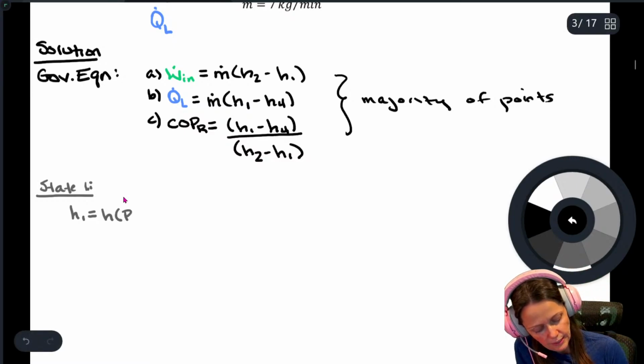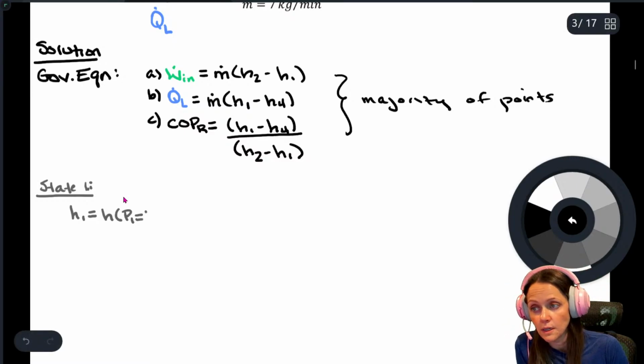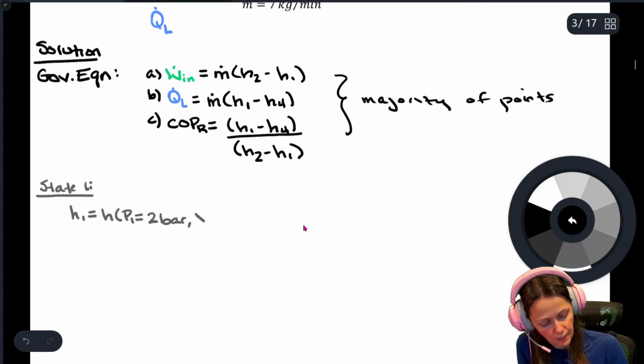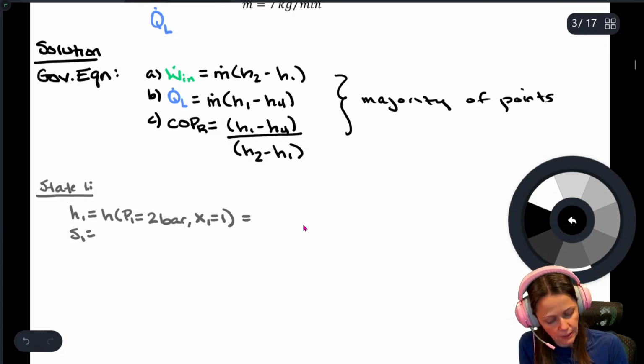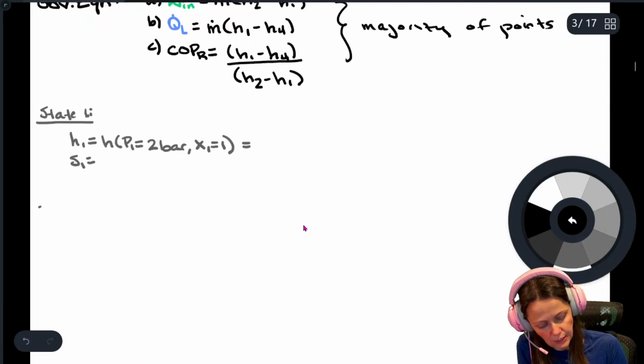So we've got P1, 2 bar. Got a saturated vapor. Go ahead and get our s value. And I'm just going to put a placeholder here so I can walk all through.